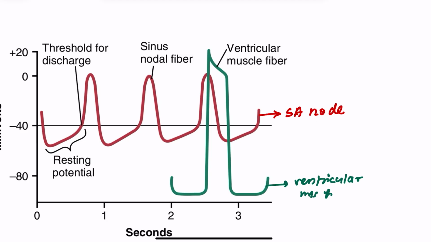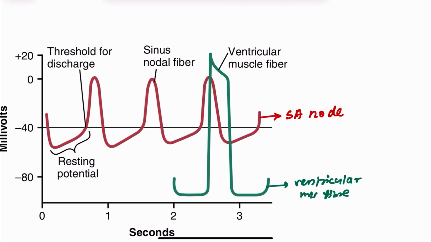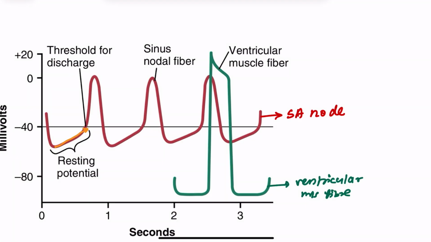Let's understand the difference between these two graphs. Here there is the presence of this funny current in SA node, which is absent in ventricular muscle fiber. There is no slope in this graph. Instead, there is resting membrane potential in ventricular muscle fiber, which is absent in SA node.